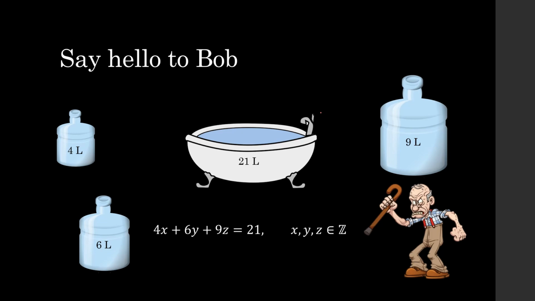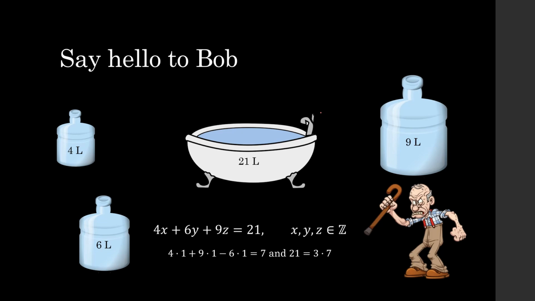The reason I'm using multiplication here is to embody that idea of successive addition or successive subtraction, because that really is all that multiplication is. And so the x value is going to determine how many times I want to put 4 liters into the bath. The y value is going to determine how many times I can put 6 liters into the bath. And the z value is going to determine how many times I can put 9 liters into the bath.